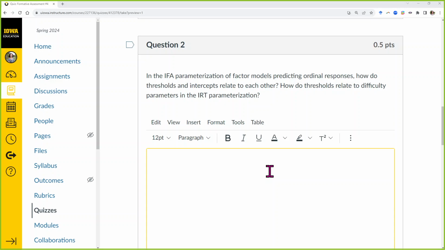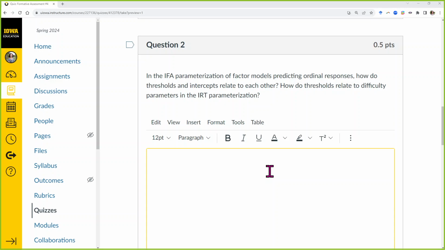And I'm talking about parts because we will have as many parameters as submodels we have. So let's say that our item has 3 categories. So we have 2 submodels: one differentiating 1 versus 2 and 3, and the other helping us to see the probability of responding 1 and 2 instead of 3. B parameters will give you the theta needed to have a 50% chance of responding in each submodel, the lower versus the higher part, right?